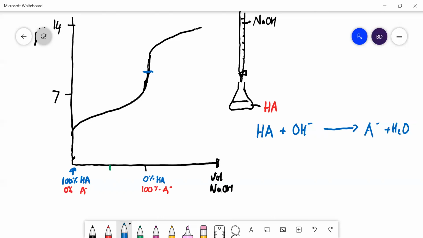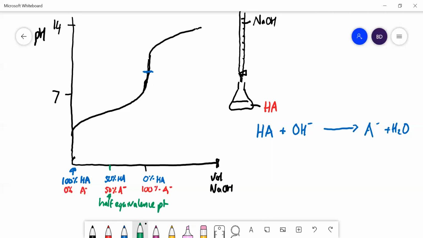You'll be able to see that we have 50% of HA there and 50% of A minus. This is called a half equivalence point, and this is pretty important. There's a half equivalence point.